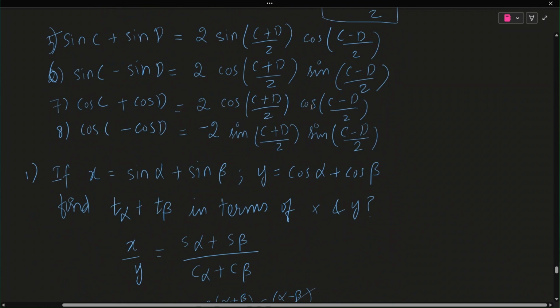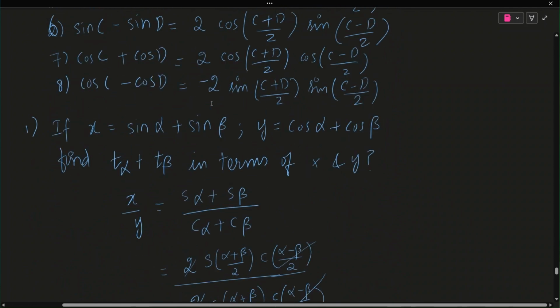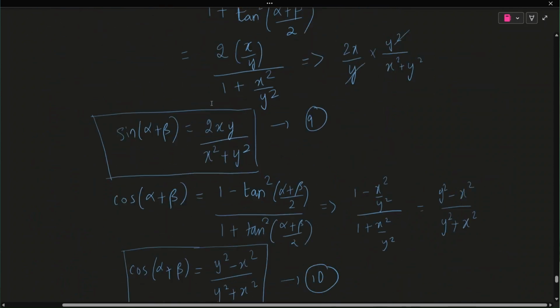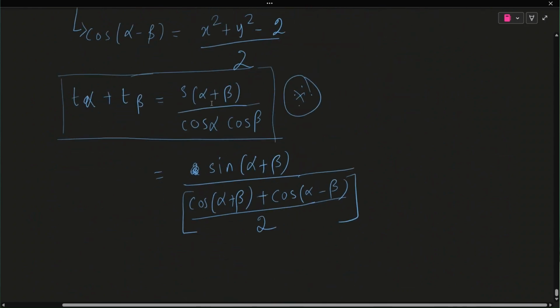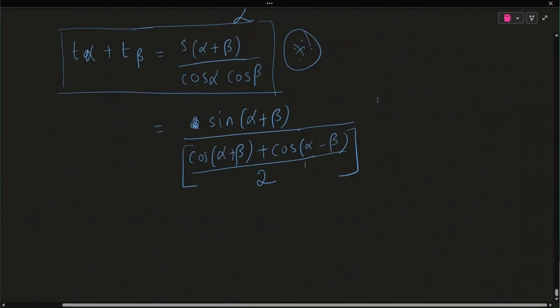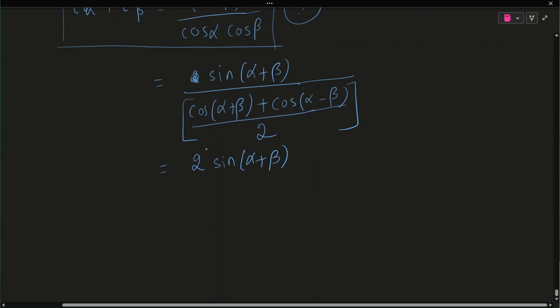I'm just using this one, and here the 2 is extra and we just don't require it, so I'm just dividing it by 2. So this 2 goes to the numerator, and I would get 2 sine of alpha plus beta divided by cos of alpha plus beta plus cos of alpha minus beta.